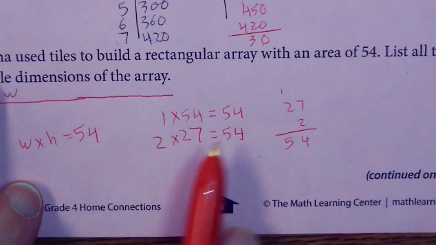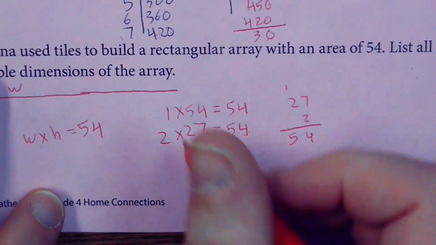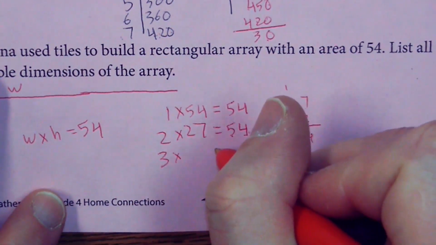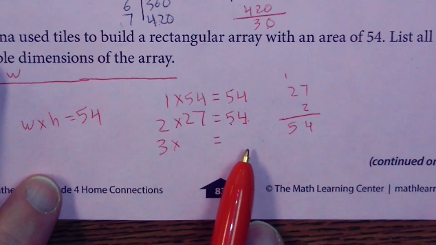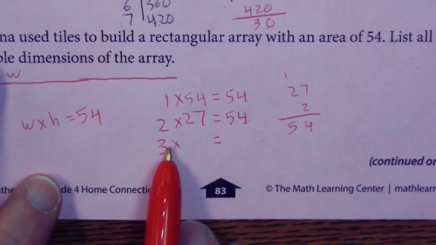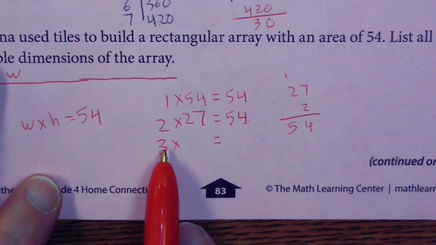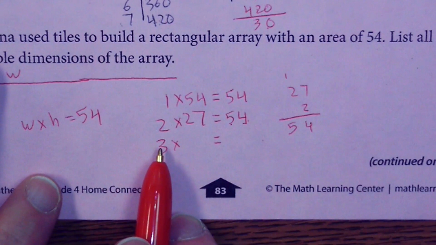Okay. I also know that because 5 plus 4 is 9, and 9 is divisible by 3, there's also going to be a 3 in there somewhere. What do we think? I know that 3 times 15 is 45.